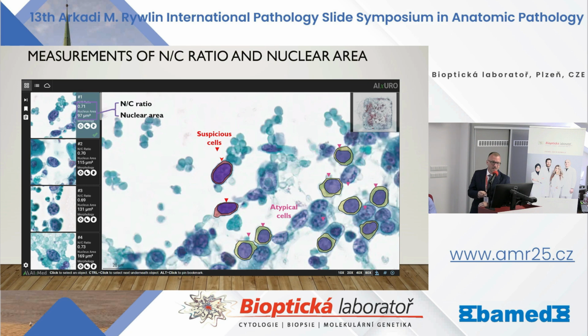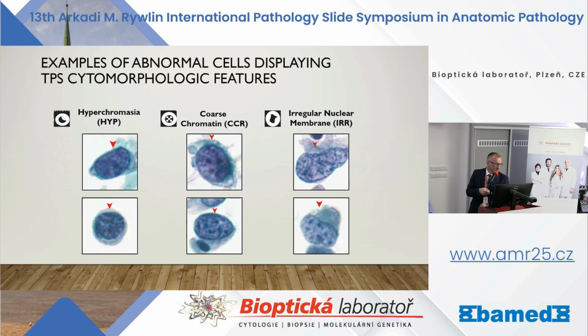So it's a really nice and precise detection and measurement system with some nice features like the hyperchromasia. As you can see, it will show the coarse chromatin, irregular membrane. It will highlight it for you on the slide.